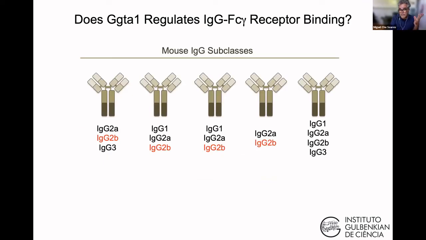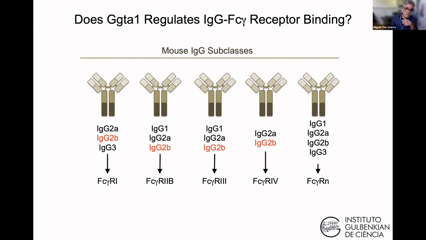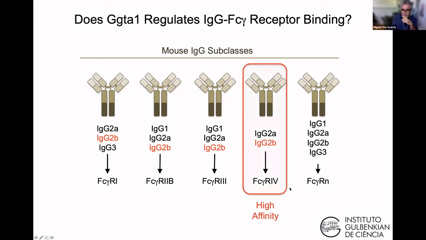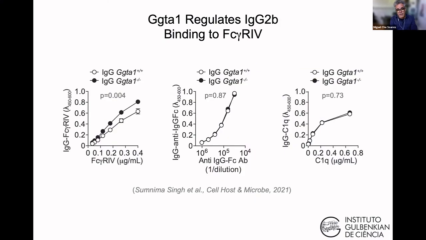Now, we thought that this might be related to Fc gamma receptor interactions. We know that different subclasses can interact with different Fc gamma receptors. We focused on this one, and we tested them all. And what Nima found is that indeed, the IgGs from the knockout have a higher binding affinity, as you will see in a second, against the Fc receptor compared to the IgGs from the wild type.